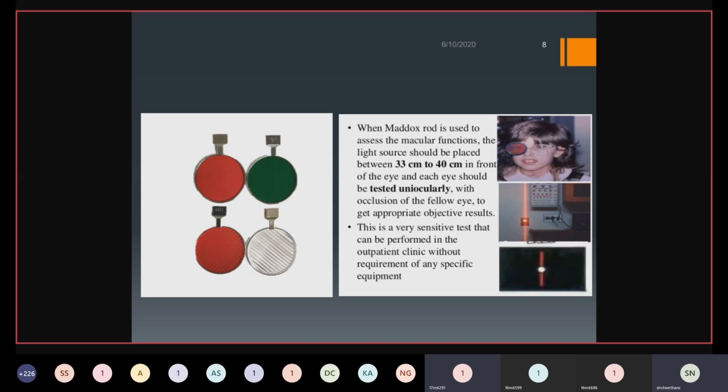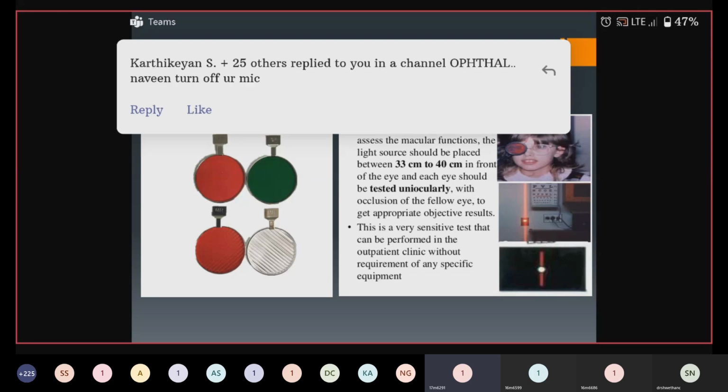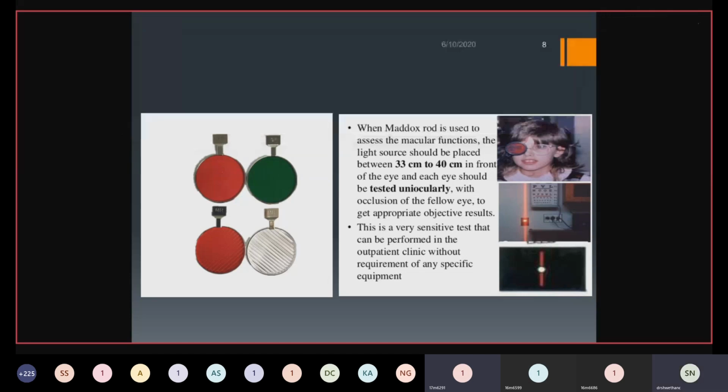When you show a point source of light and the patient is seeing through the Maddox rod, he or she will see a vertical line of light that you can see in the picture.